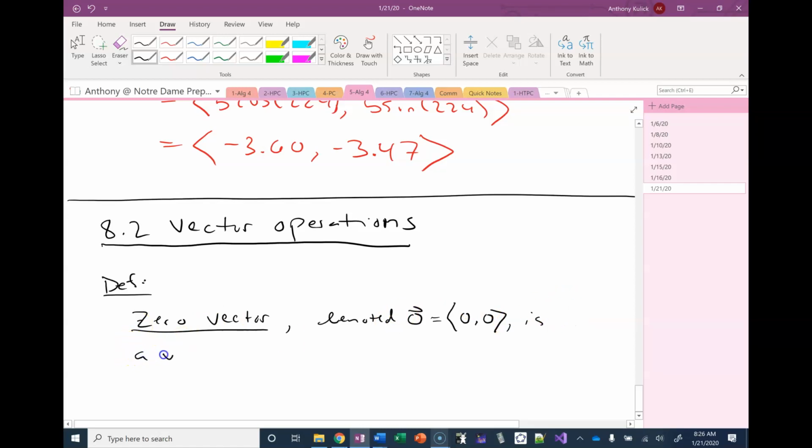So that's just a vector. What's its magnitude going to be then? And this is the only vector that doesn't have a direction.